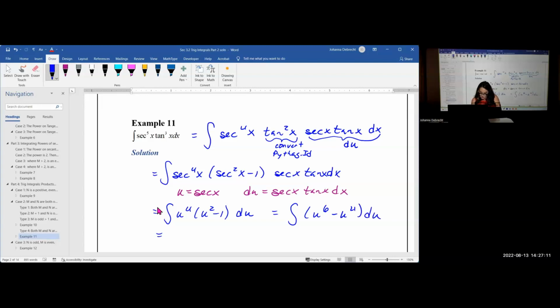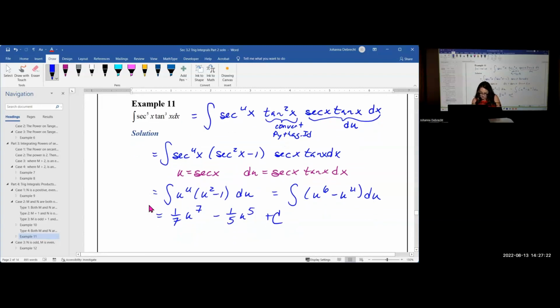And then when I integrate, I get 1/7 u to the 7th minus 1/5 u to the 5th plus the constant of integration. And I can go back to the original, which was u is secant of x. So I get 1/7 secant to the 7th of x minus 1/5 secant to the 5th of x plus a constant. All right.